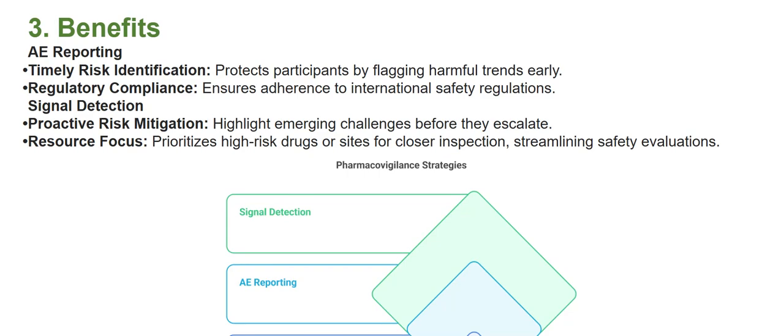Resource focus prioritizes high-risk drugs or sites for closer inspection, streamlining safety evaluations. Here's a summarized diagram about pharmacovigilance strategies: signal detection, AE reporting, adverse event reporting, safety assurance.